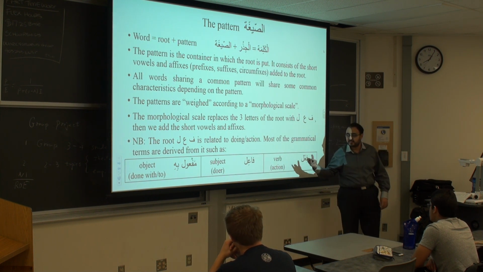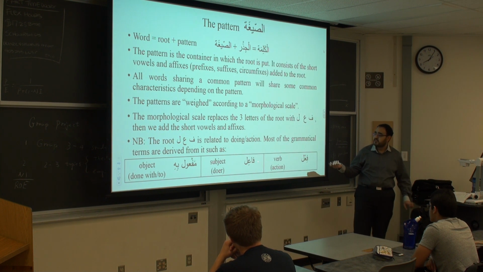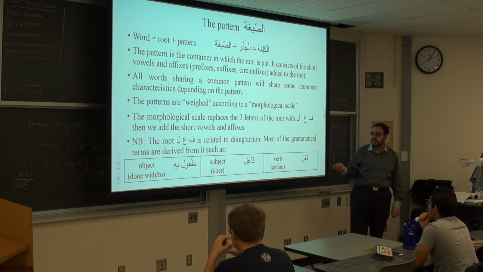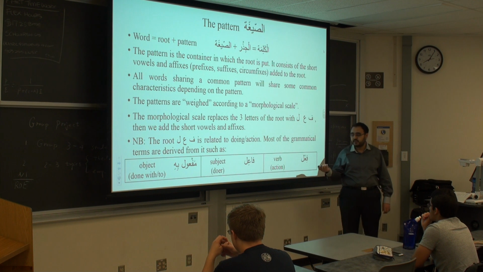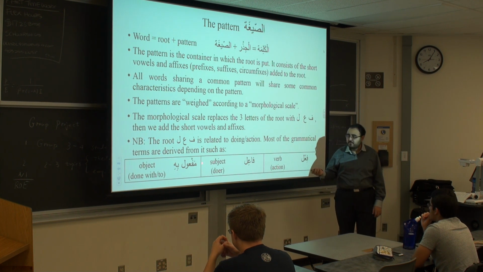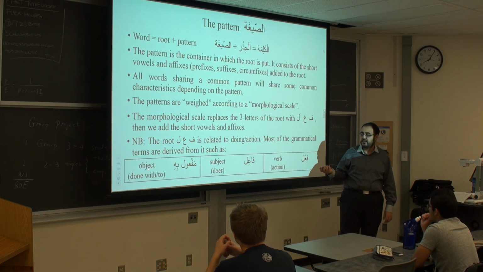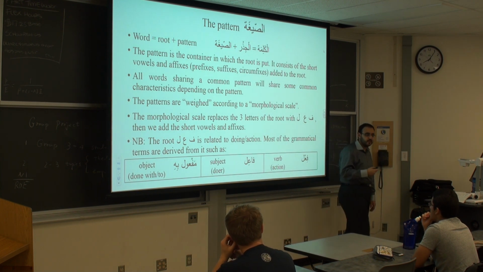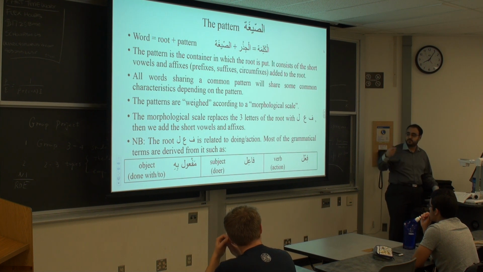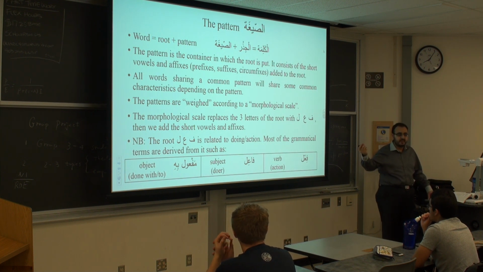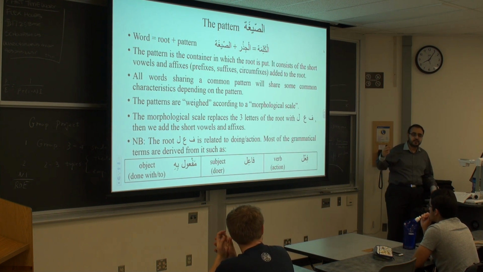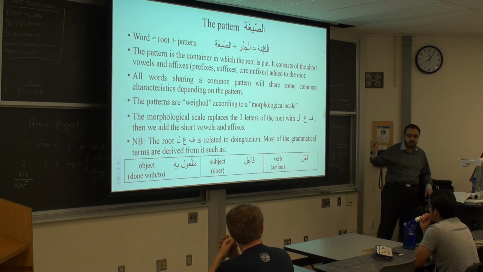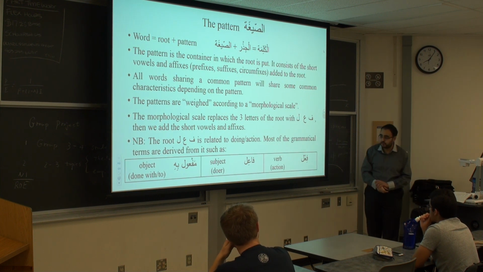So any verb is an action that you do. فاعل is grammatically the subject and literally the doer of the action. مفعول به is grammatically the object and literally the done to or done with. Either the person that you're doing the action to or the object that you're using to do that action.